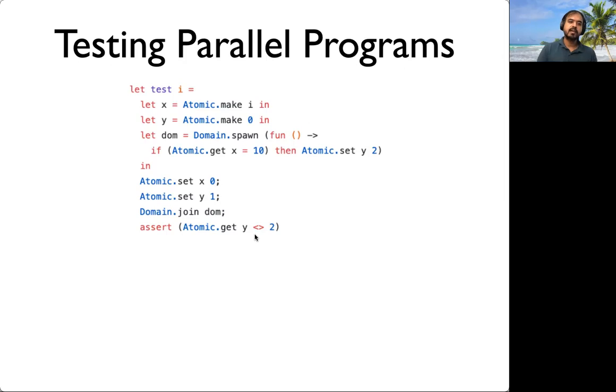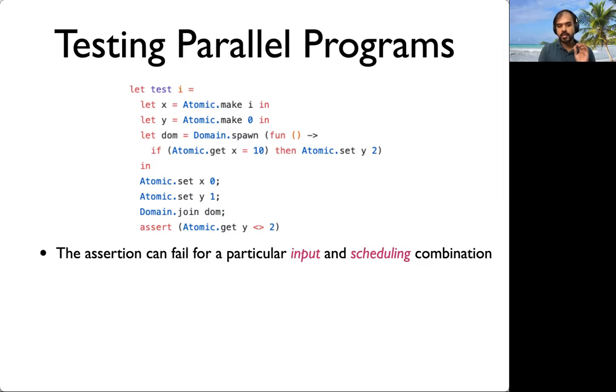And after that, it asserts that the value of y is not equal to 2. Now the question is, can this assertion fail? Yes, it can. It fails for a particular combination of input and thread scheduling.